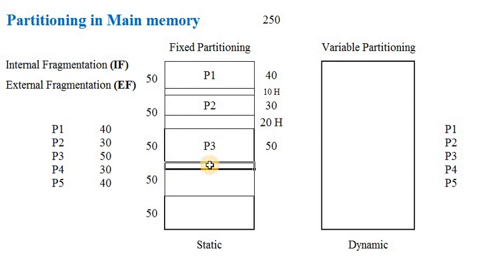So it will occupy only the main memory with the size 30. So let me allocate P4. How much amount of remaining empty space is there? 20. So 20 is a hole generated by the allocation.